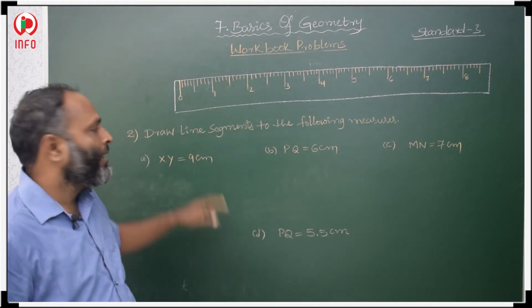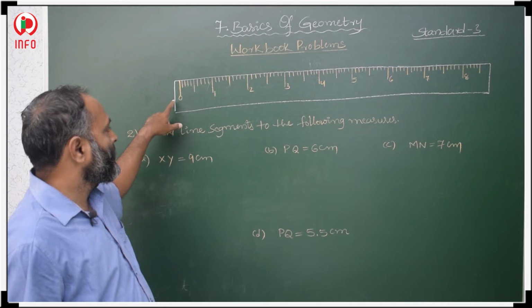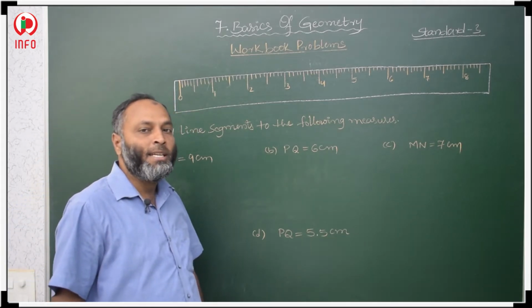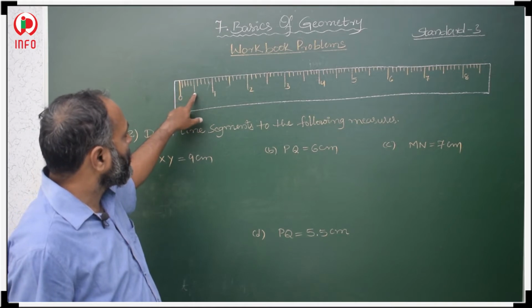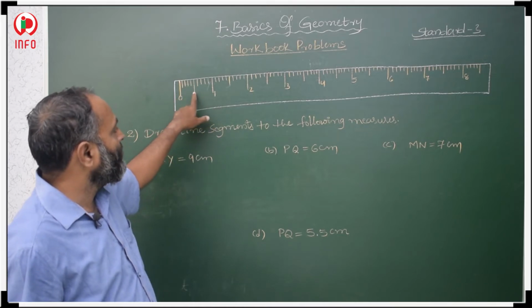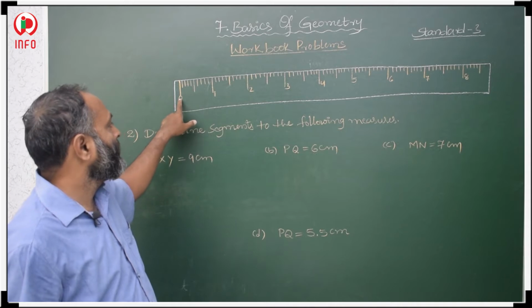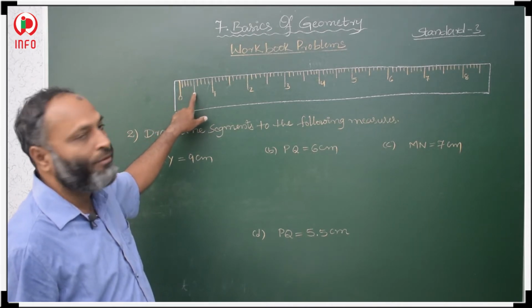So the numbers on your scale represent centimeters. Between 0 and 1, one big line is there, that is 0.5: 0, 0.1, 0.2, 0.3, 0.4, 0.5.